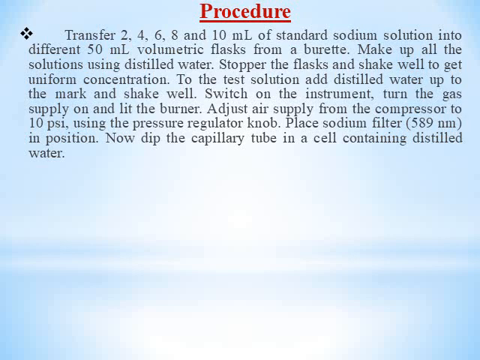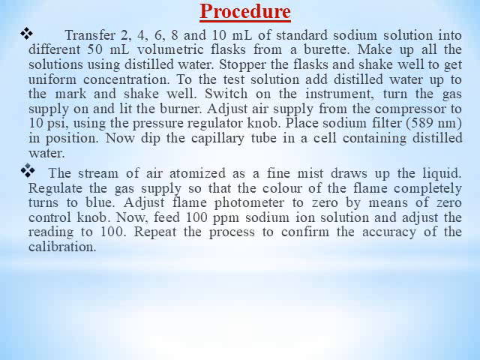Now the capillary tube is dipped into a cell containing the solution. The stream of air atomizes it as a fine mist and draws up the liquid, and with the help of the pressure regulator, adjust the gas so that the color of the flame completely turns blue. It is to be noted here that sodium emits a very intense blue color radiation.